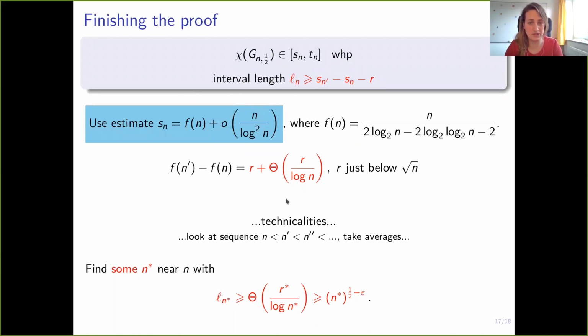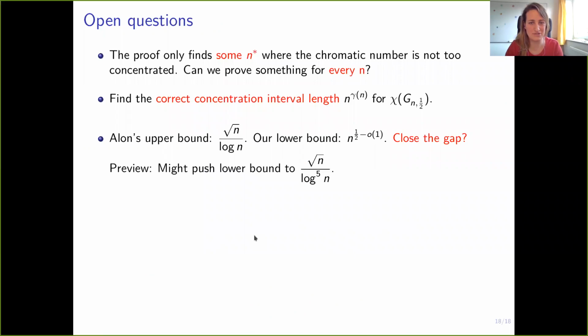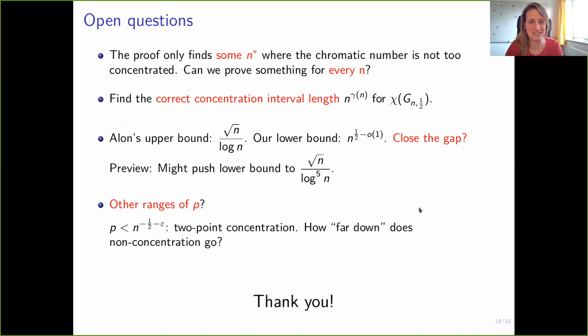You have to put in this technical argument in the end, where you then find some n star close to n. But yeah, I would very much suspect that it's true for every n, that this is a lower bound. Thank you.